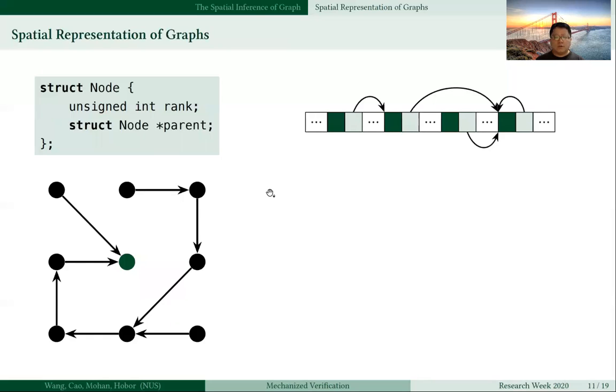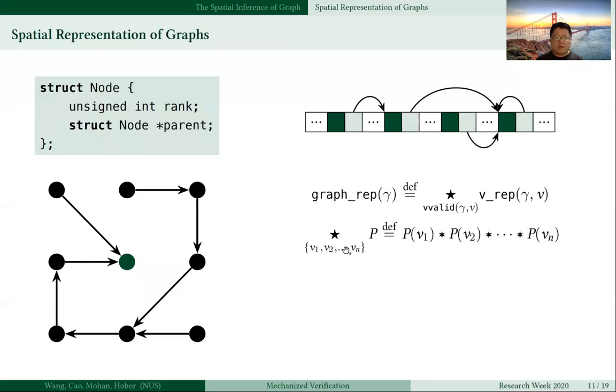So it is natural to use separating conjunction to link them together. So this graph_rep is just a bunch of vertex representations. The big star here is the iterated separating conjunction, the chain of separating conjunctions.